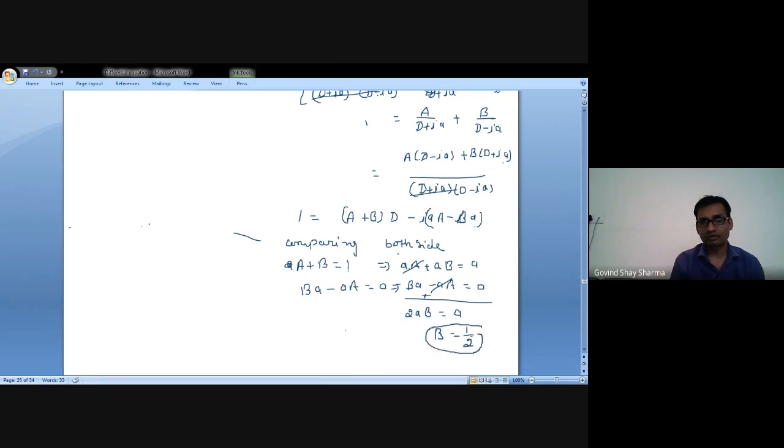Similarly, A is equal to 1/2 by the equation.